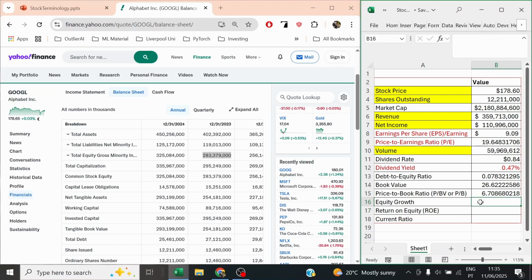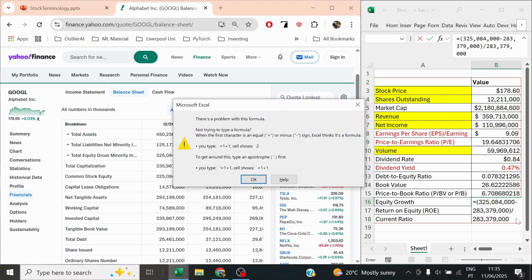What you do is take the equity at the end of the period you want to calculate, which is 2024, minus the equity at the beginning of the period, divided by the equity at the beginning.